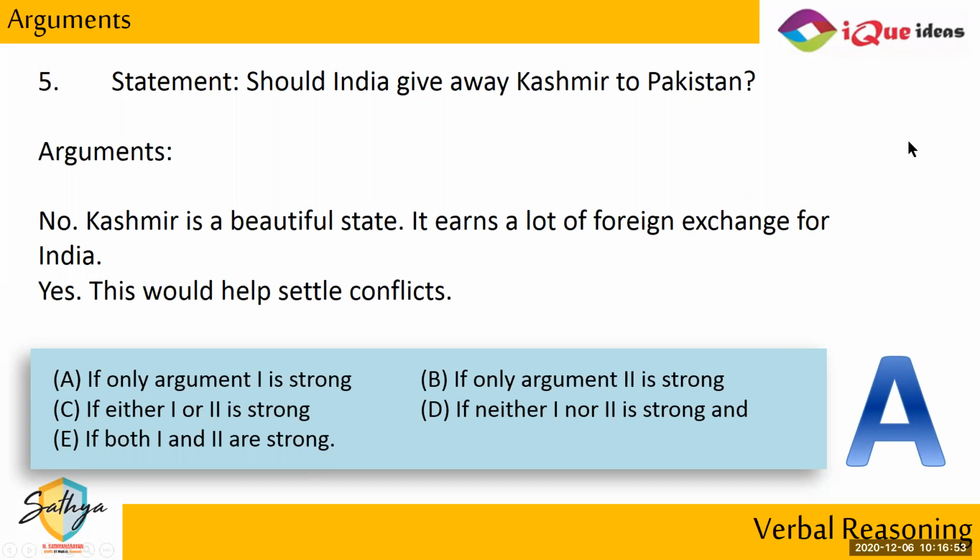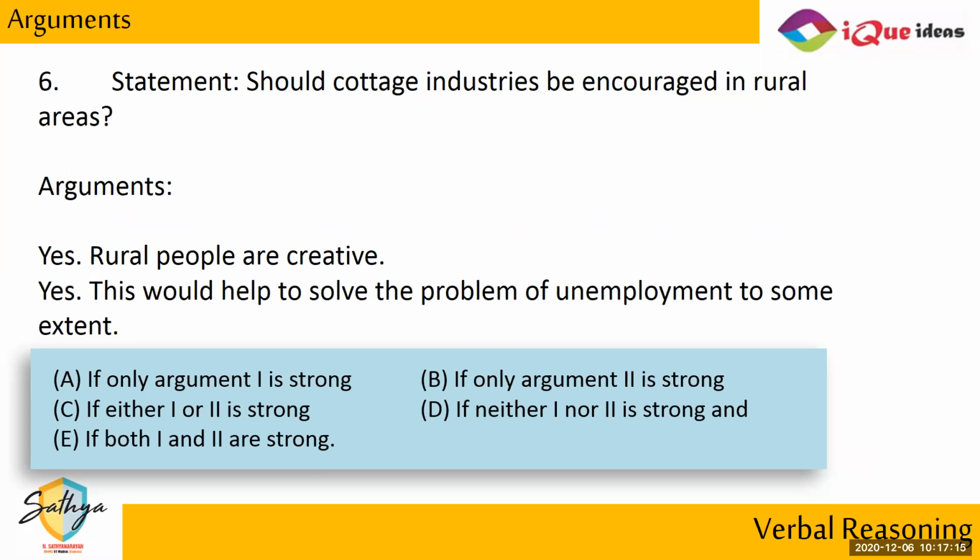Are we together? Did we understand? The first option is true, not the second one, and hence option A. Are we together on this? Yes, बढ़िया है. चलो, moving on. Next one. Should cottage industries be encouraged in rural areas?